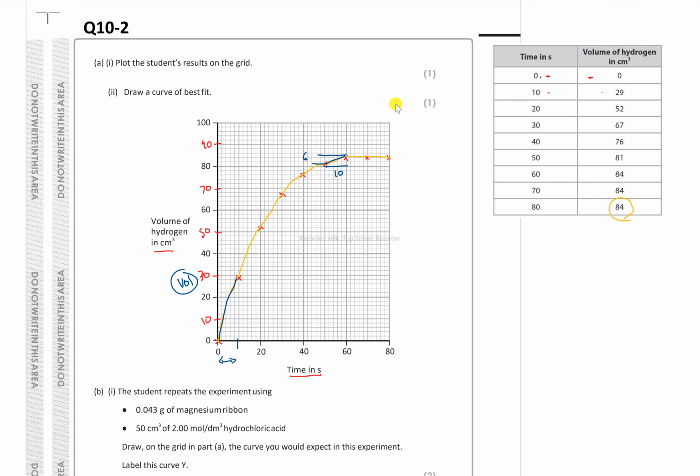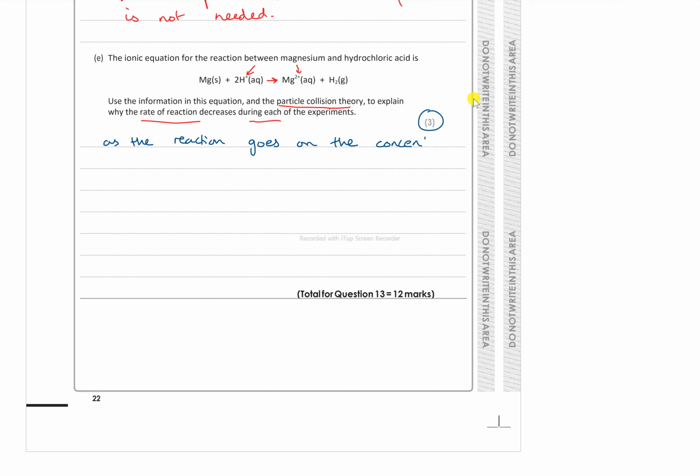Now, say that it's a 3 marker. As the reaction goes on or proceeds, the concentration of acid, and in particular the hydrogen ions, decreases or goes down, right? This means, what does this mean?